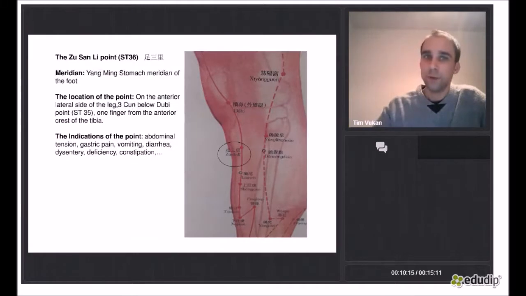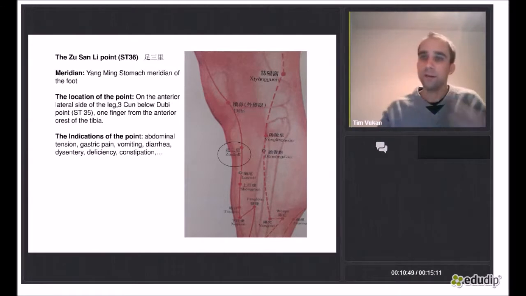The next point we talked about is the Zusanli, which you find on your leg over here, just where you have the circle, coming from the stomach channel of the foot. We find this point often used for treating abdominal tension, gastric pain, diarrhea, constipation. So it is a point for strengthening our spleen and stomach functions.